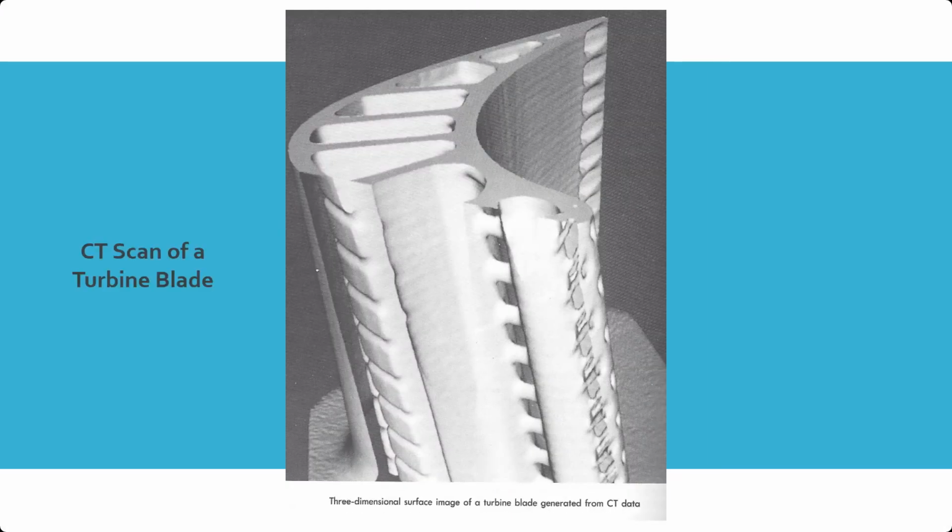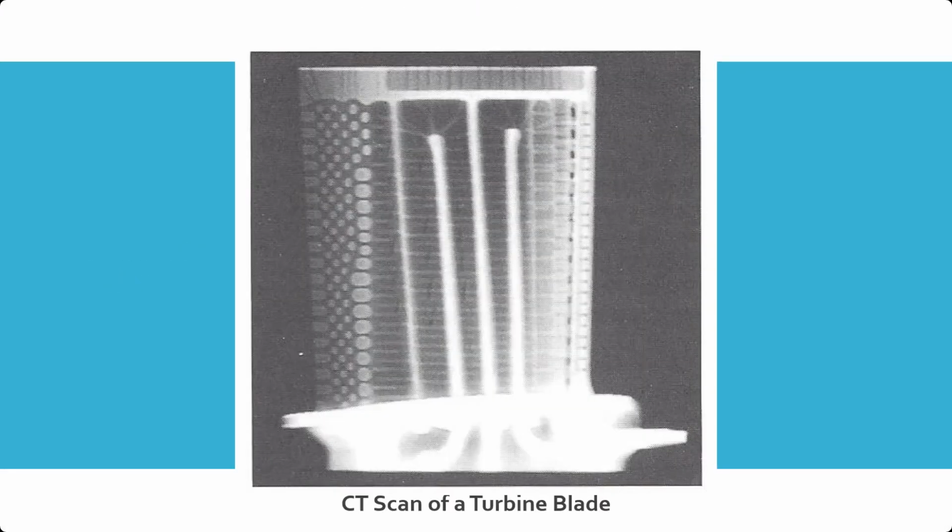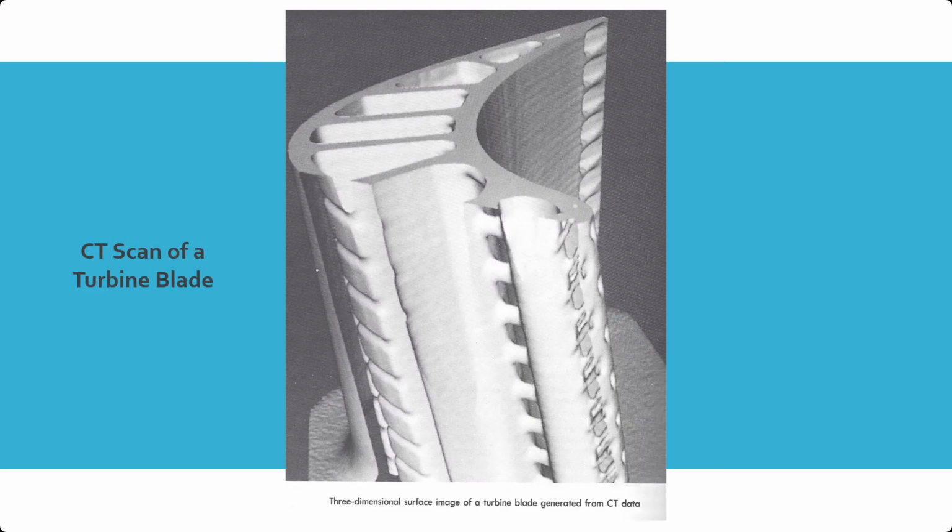Same blade, but looking at it in a 3D CT scan, you can see where this might be helpful in better identifying things going on in the internal structure. So rather than just trying to look at a light spot or a dark spot that you're not really sure about, you can see how it works inside there, and you can do a fly through and cut the blade apart virtually in order to get a better idea of what's going on. Okay?